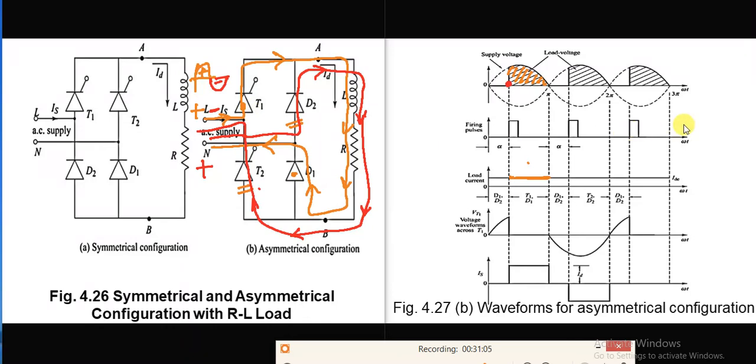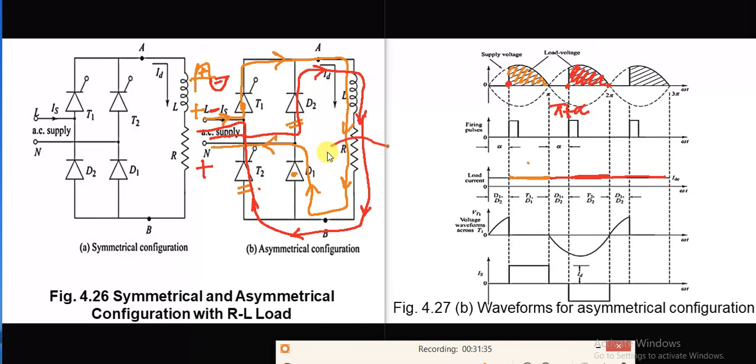Hence, we will get the output from pi plus alpha to 2 pi. Similarly, we will get the load current. Now this inductor is acting as a series filter and hence we will obtain the smooth DC voltage.